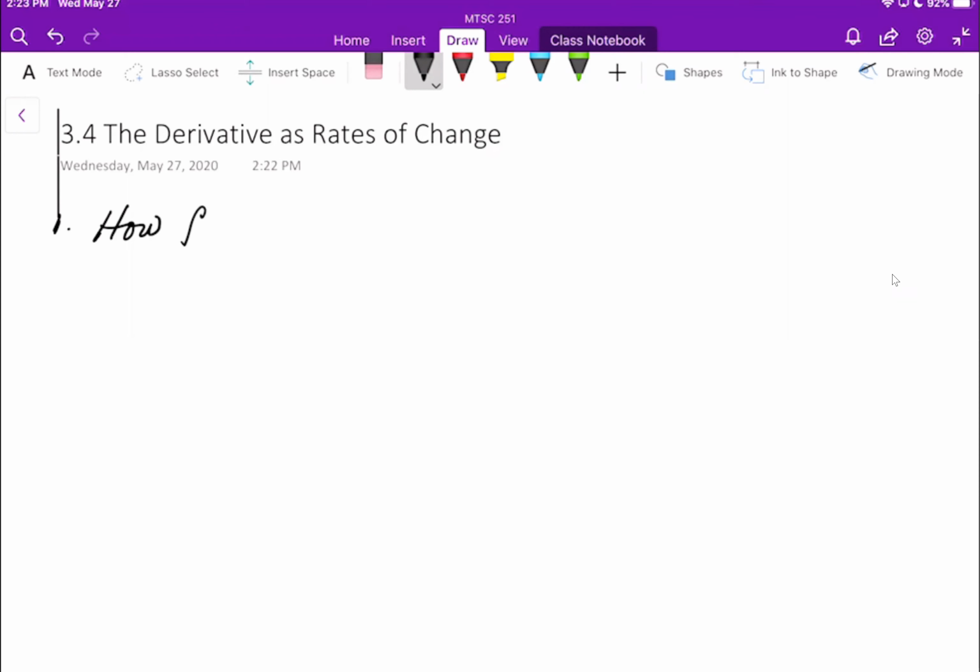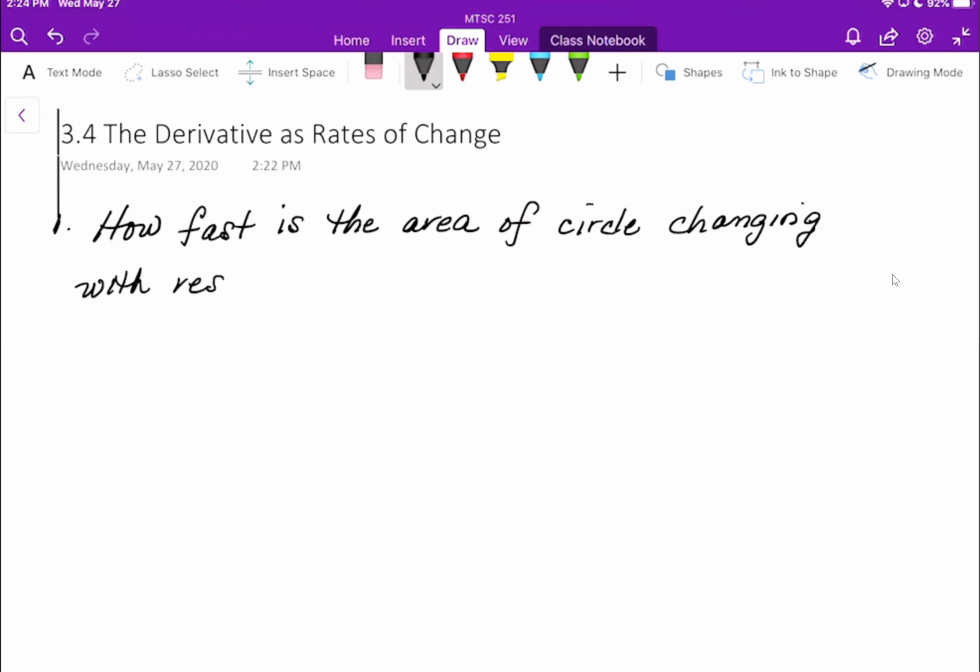How fast is the area of a circle changing with respect to its radius when the radius is equal to 4 meters.